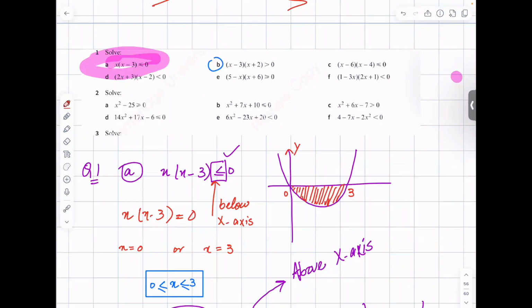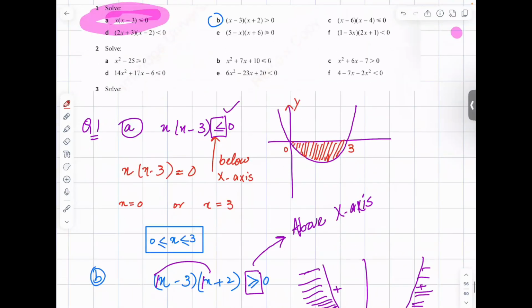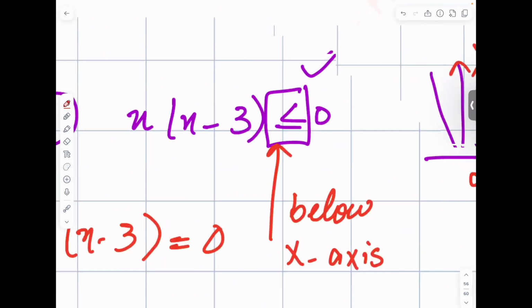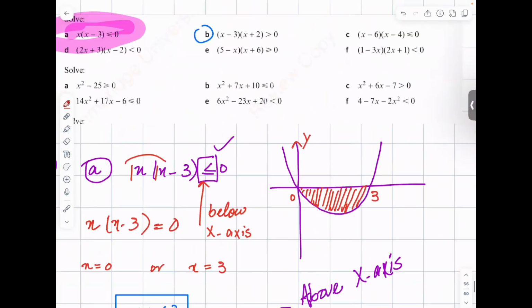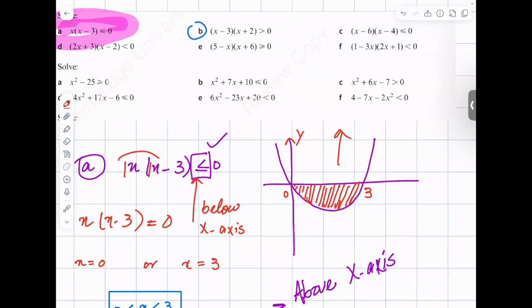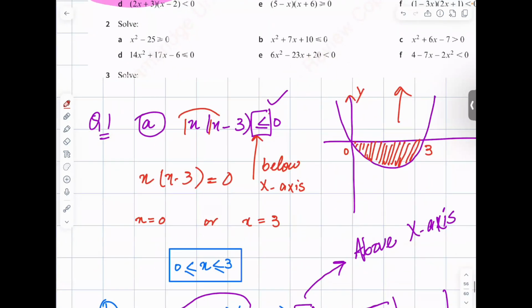So we did a couple more questions related to the same. So x into x minus 3 is less than or equal to 0. Now this is for sure making a quadratic of x square, which would be positive. That means it's a smiley face, or opening upward. And less than 0 is telling me to find the points of the graph which are below the x-axis.